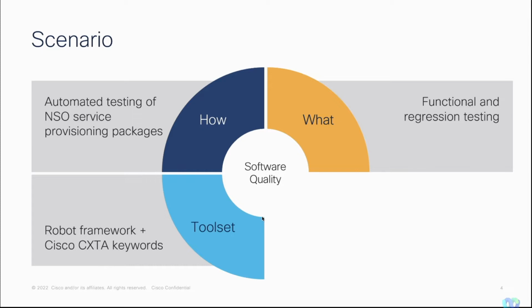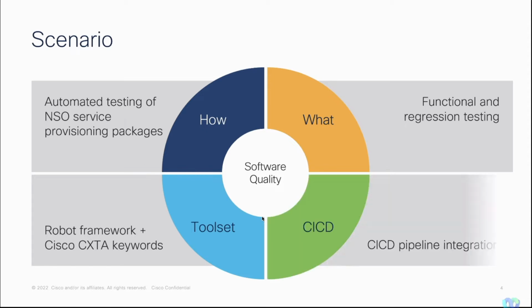Specifically, we use Cisco CXTA keywords mostly for interacting with NSO, and also, for example, for comparing device configuration. We also use the testing automation tool in our internal CI/CD pipeline, mostly for running automated tests, also for regression purposes.